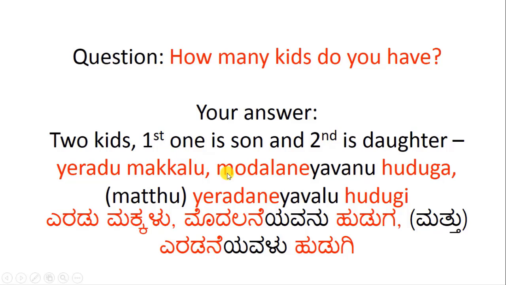First one ಮೊದಲನೆಯವನು. First is ಮೊದಲನೆ. Yavanu is linking word. You will come across this later, but that is why I have given it in black color. Huduga is boy, but this Huduga is used when you say it in a sentence.